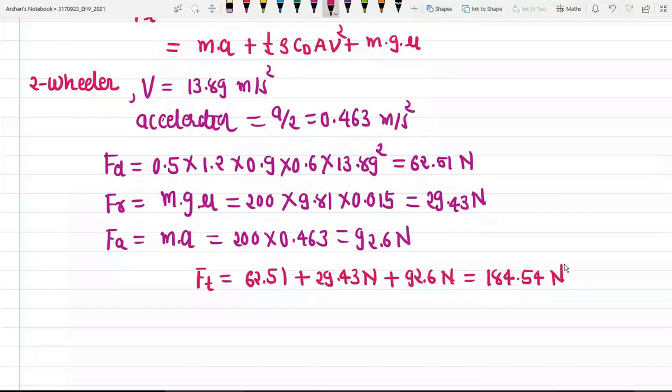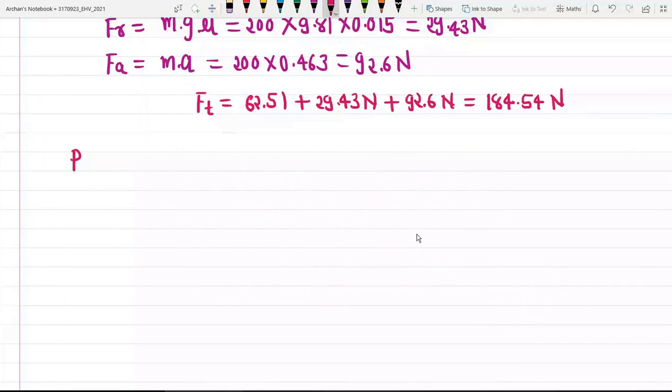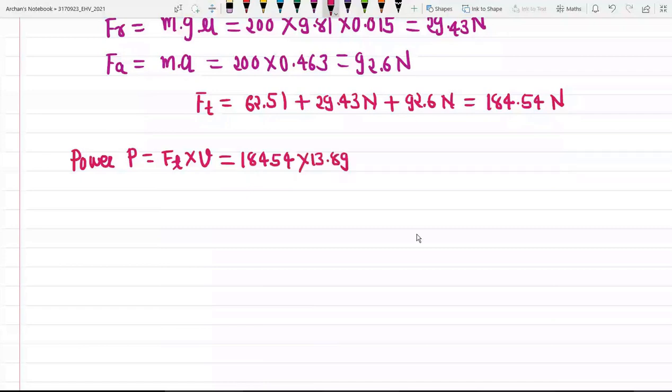At this velocity, what is the amount of power required? Power P is tractive effort multiplied by velocity, and tractive effort we know is 184.54 into 13.89 meter per second, and that comes around 2.56 kilowatt.